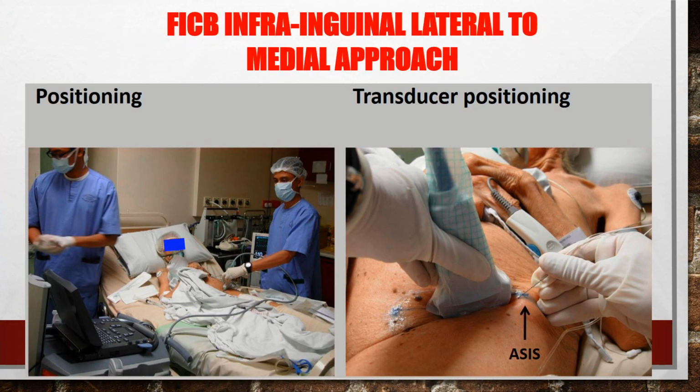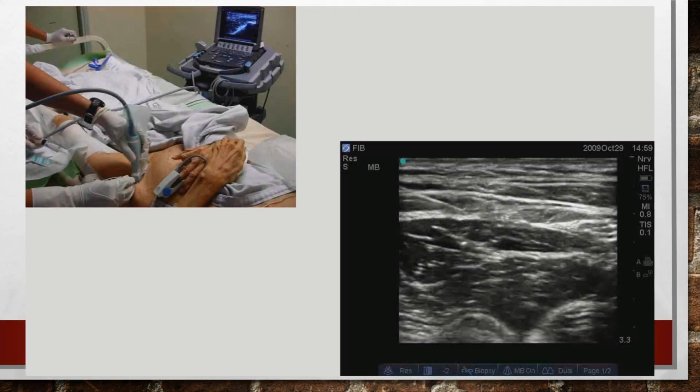So this is the last technique, the infra-inguinal lateral to medial approach of FICB. Position the patient the same as for the femoral nerve block, but slide the probe a bit laterally towards the axis, and give the injection from lateral to medial in plane with the same needle and the same concentration and dose of local anesthetic drugs.